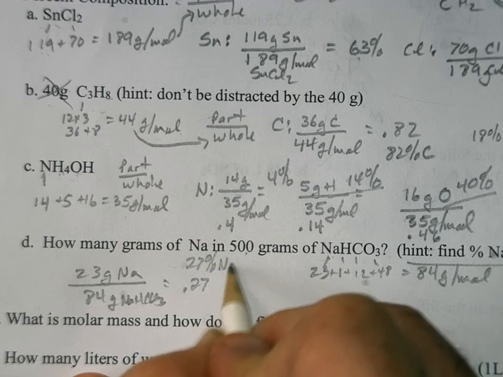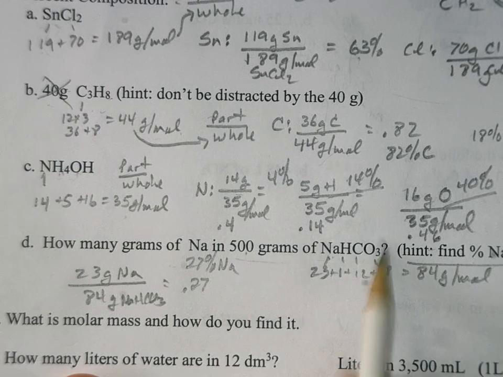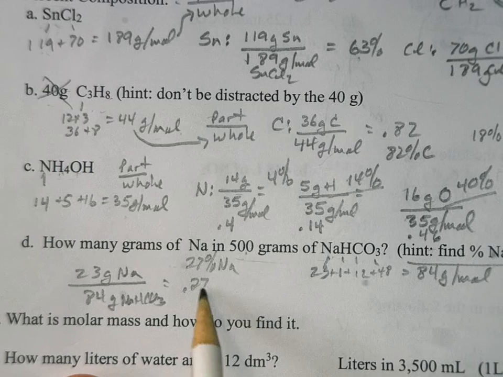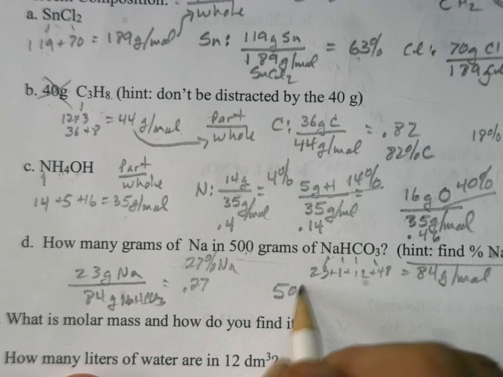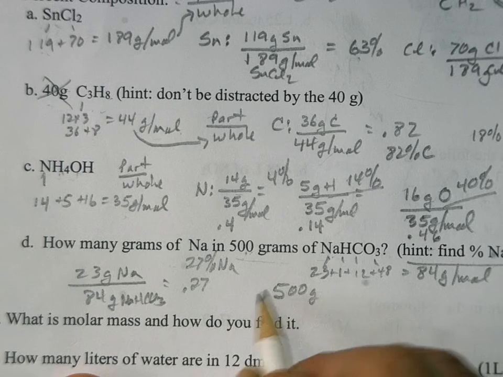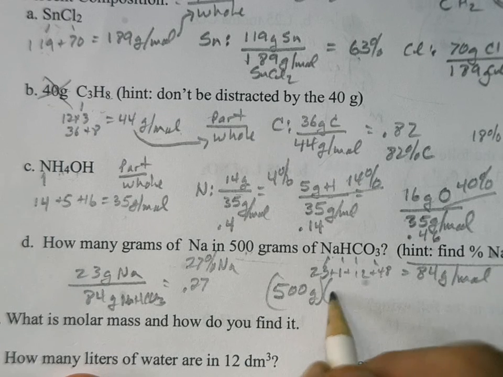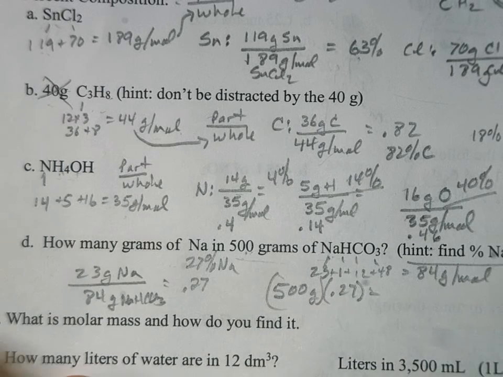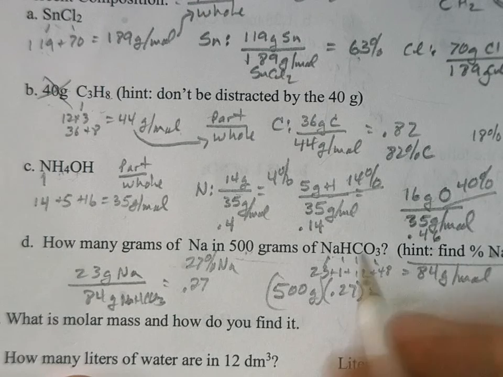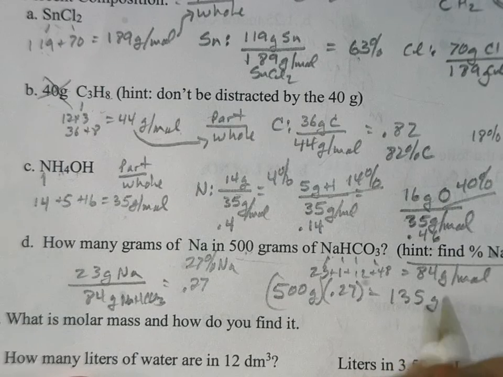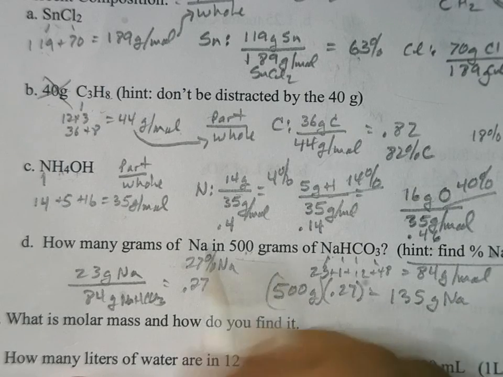So if we have 500 grams of this compound, we know 27% of that 500 grams is going to be sodium. So it's 500 grams times 0.27, which is equal to 135 grams of sodium in 500 grams of that compound.